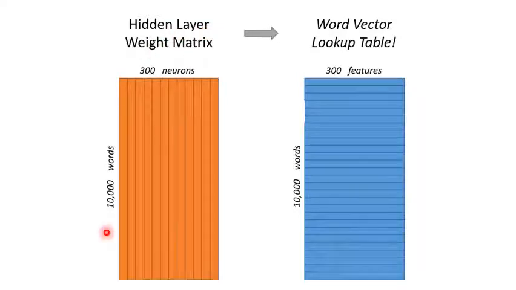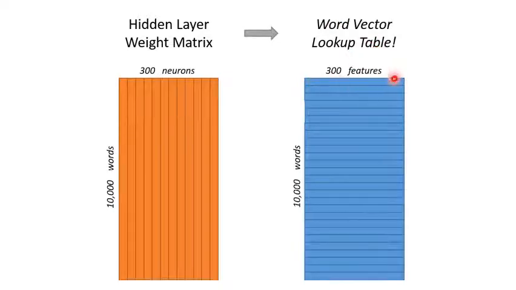Okay, in our previous example, we have used a 10,000 vocabulary. Also, our one-hot encoding vector is 10,000 dimensions. And suppose we choose 300 neurons for the hidden layer, then we will have a 10,000 by 300 weight matrix. And this matrix is, in fact, the word vector lookup table.